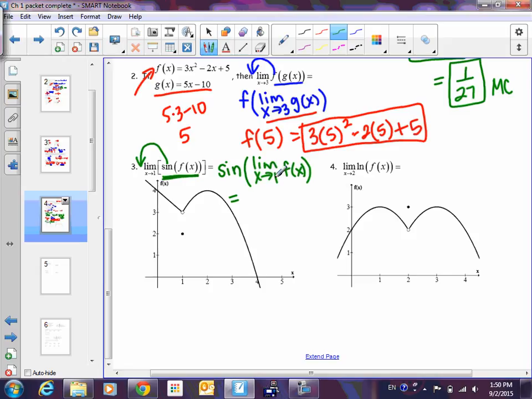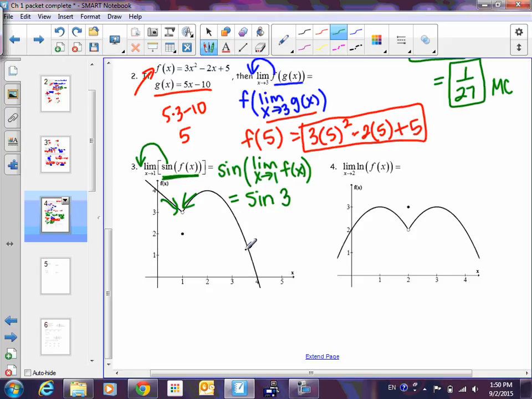And we have a graph here. We don't have an equation, but we have a graph, so the limit as x approaches 1 of f of x. Now this piece of this is something you know is going to be on Friday's quiz. So as x approaches 1, what are the y values approaching? 3, right? So we have sine of 3.